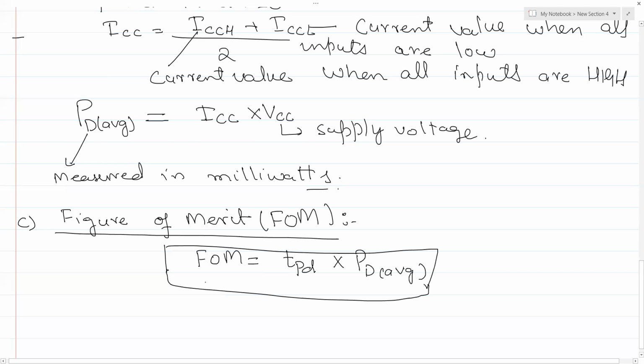If you calculate its unit, FOM is equal to the product of propagation delay, which is always denoted in nanoseconds, and power dissipation, which is denoted in milliwatts. Watt and second give the energy value.